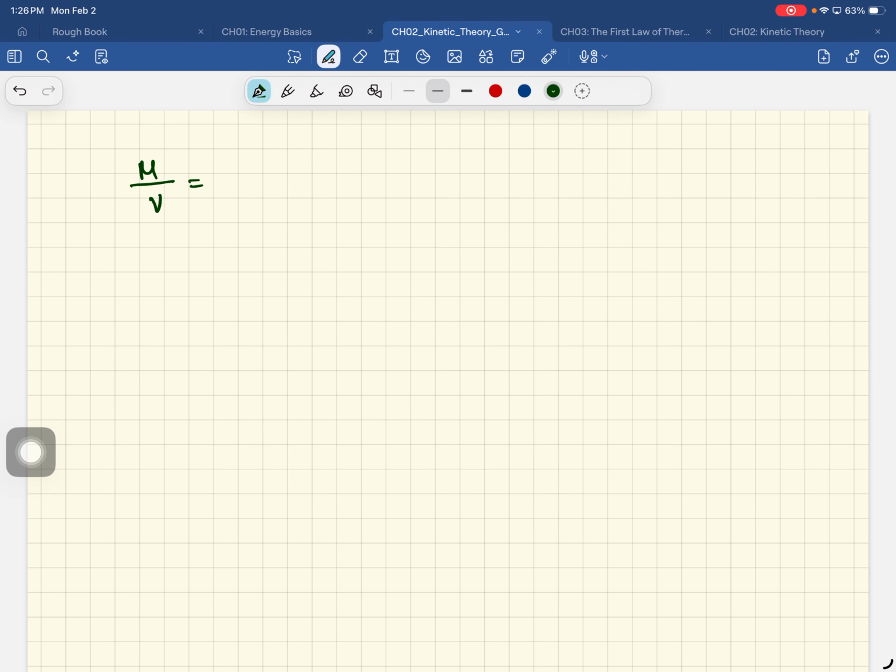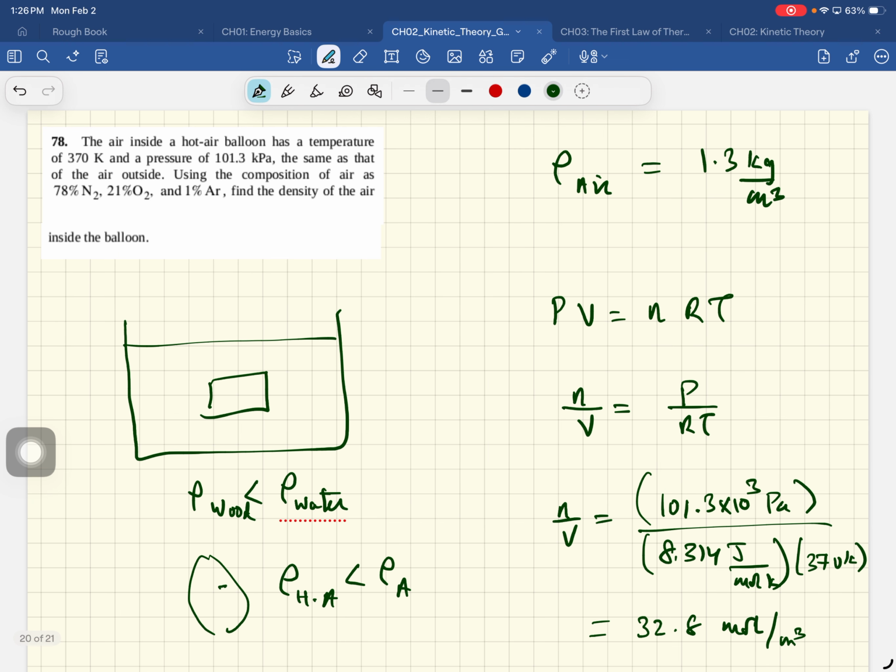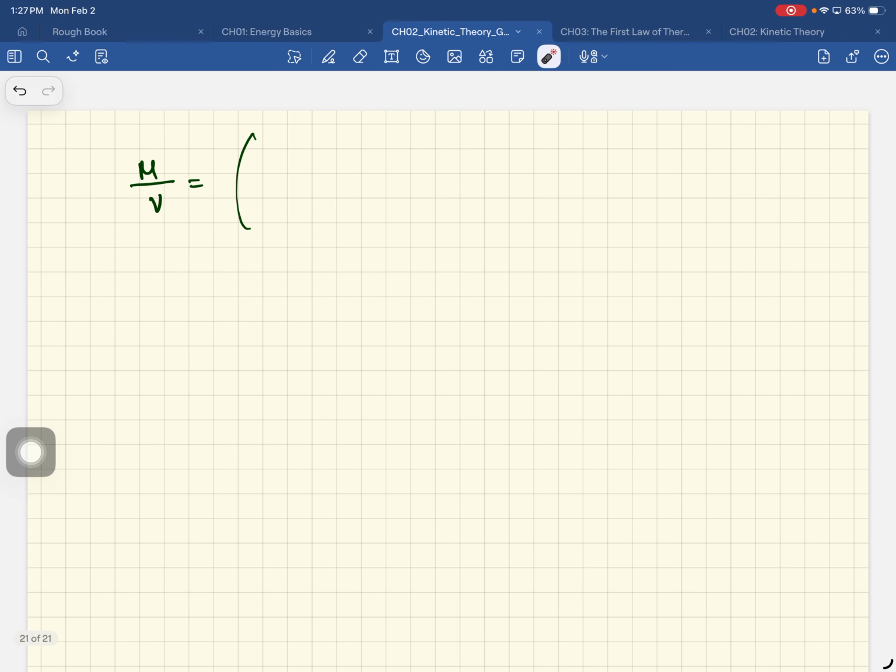So what you're trying to do is when you heat the air, you're expelling the gas molecules, raising the temperature and decreasing the density so that it can rise. You have to decrease the density enough to be able to lift the basket and all that kind of stuff.